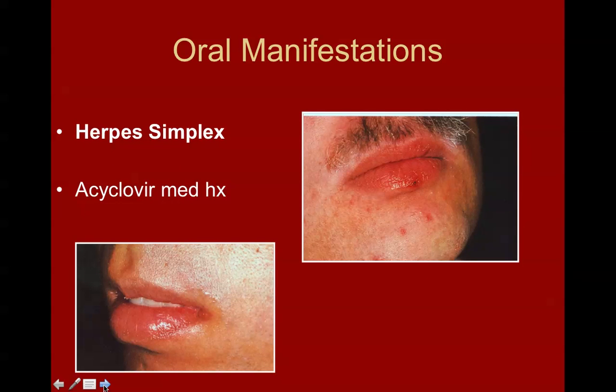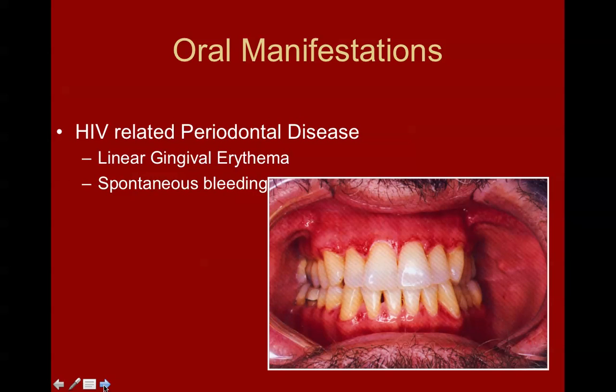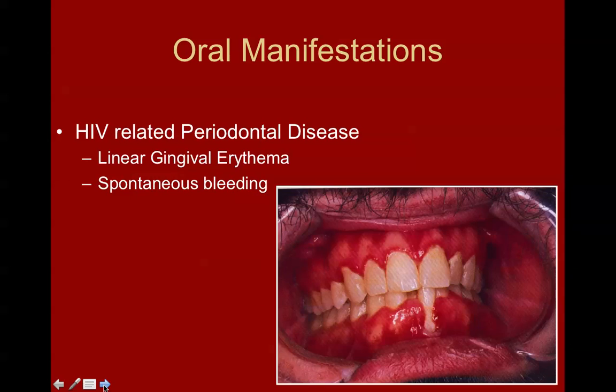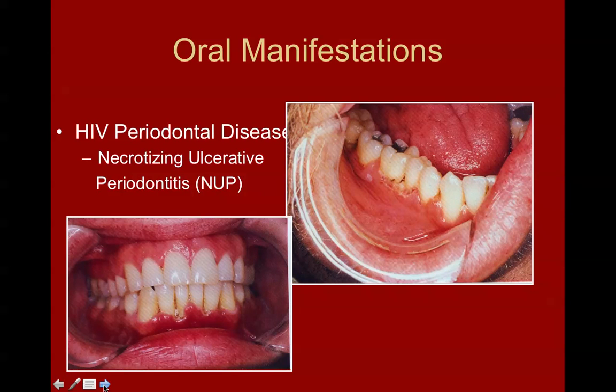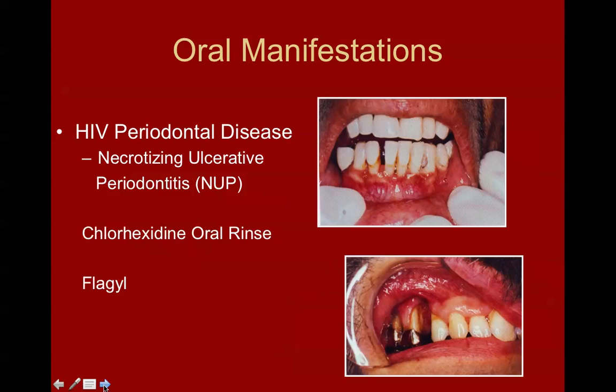Herpes is another one because they're immunocompromised. That is common. And then your HIV periodontal diseases, NUG, NUP. You're learning about these in perio. I won't be testing you on them again, except just, again, you need to know that they are AIDS-related oral manifestations.